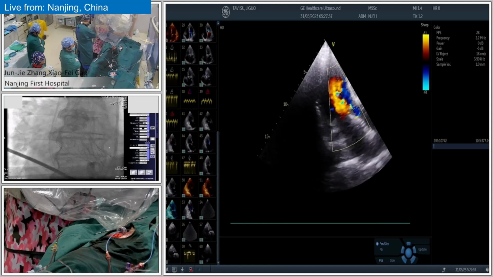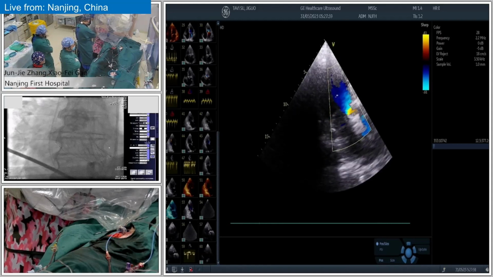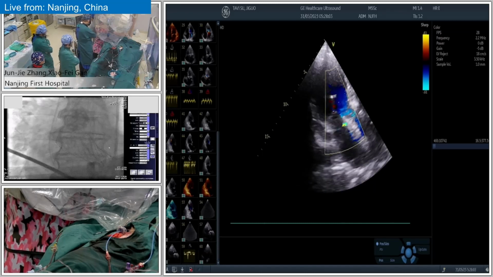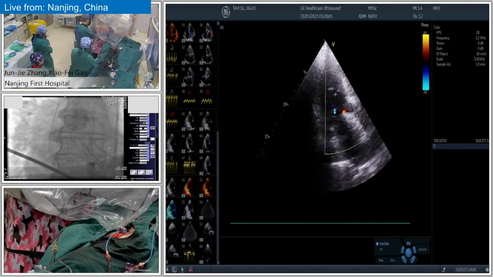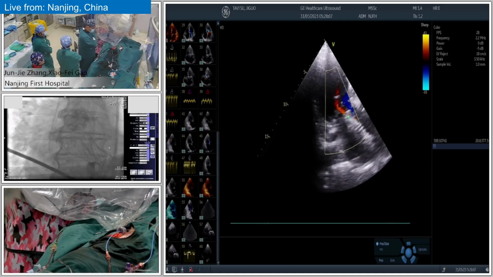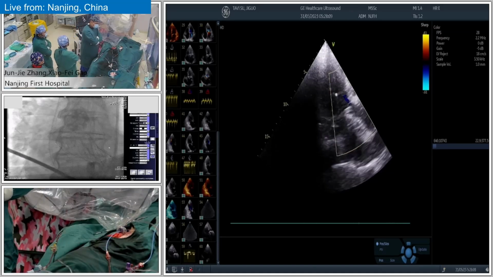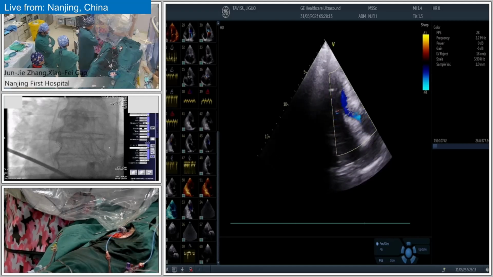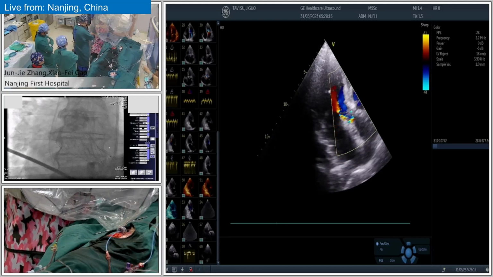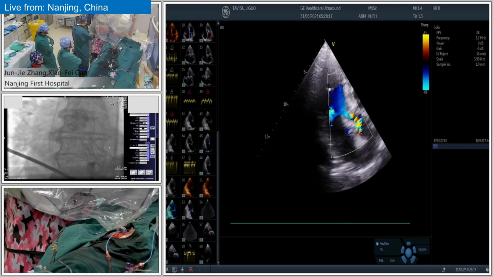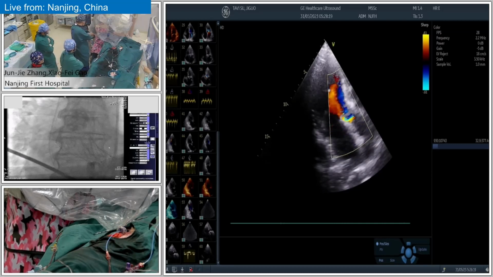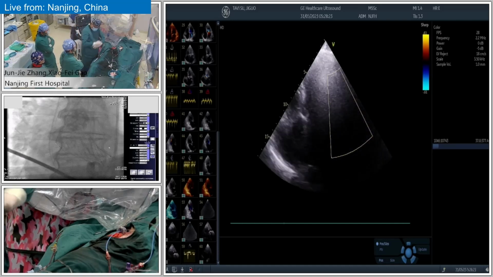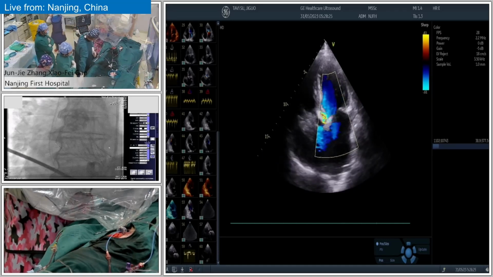In the posterior side, do you think? Yes, maybe posterior direction. Mild. Okay, good. But I think the regurgitation is central or the PVR? It's central, maybe due to the pigtail catheter. Okay, good.